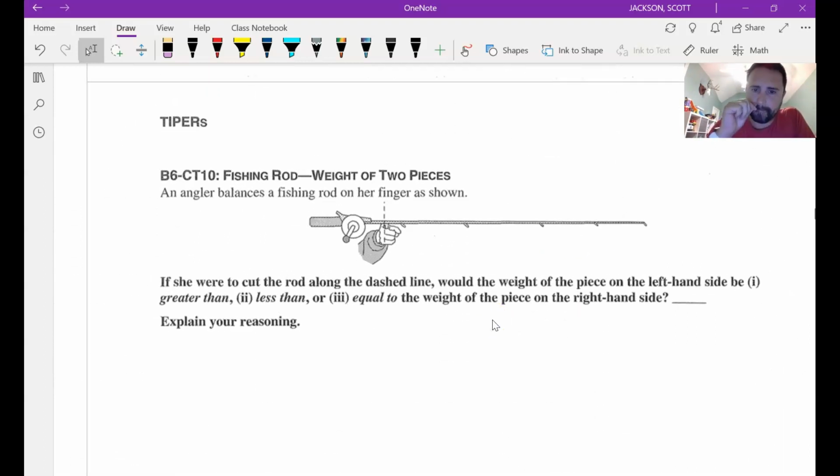Right? So let's look here. If an angler were to cut a rod, how would the weight of the piece on the right side compare to the one on the left? So here it says it's balanced. So that means the torques have to be balanced. So here's my axis of rotation. So this is where center of mass comes into play.